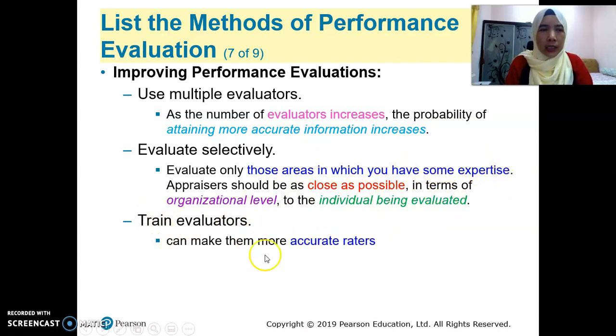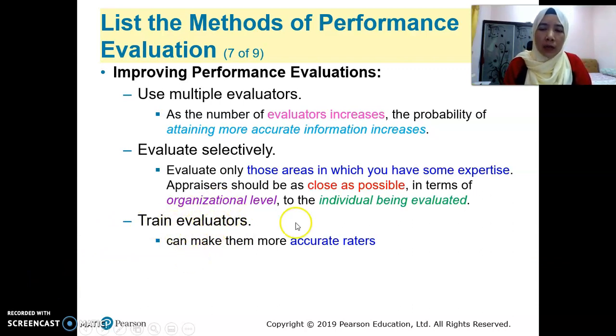Train evaluators. In order to improve performance evaluation, it is important to train the evaluators. Some evaluators or appraisers don't have the qualifications. They don't know how to evaluate the employees. So it is important to train the evaluators before asking them to evaluate the employees.